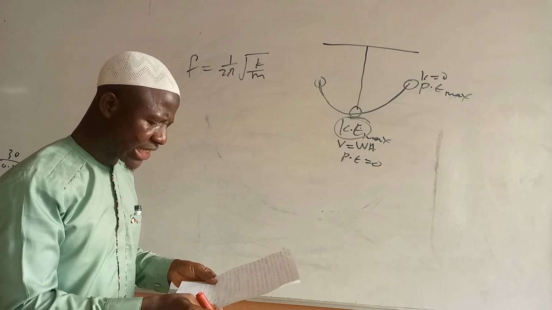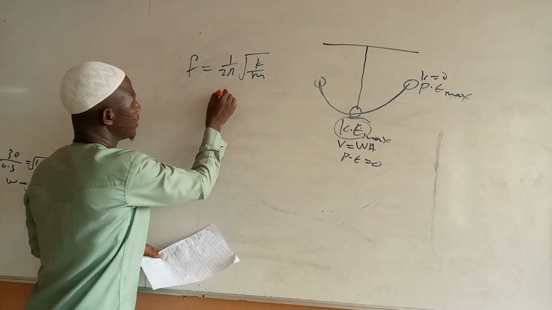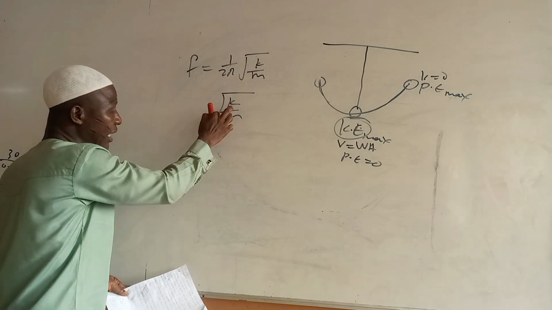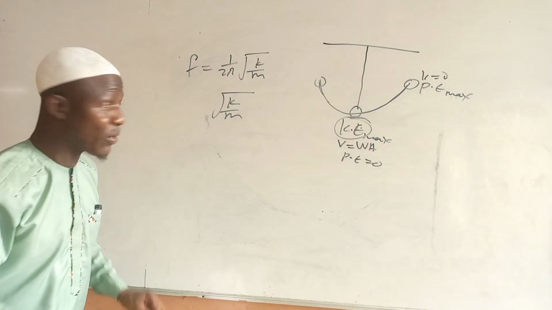That's another question under that same question number 11, 2005. Explain the physical significance of square root of K over M. What is the significance of this? It's very simple. We have done it.